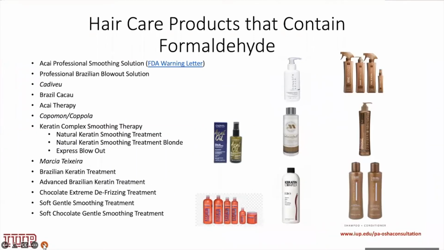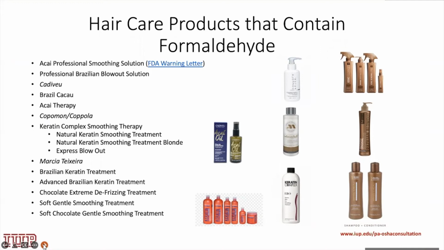For the hair care products that contain formaldehyde, I tried to find pictures of the products. I've actually seen a couple of these in my local Target. I just want to list the hair care products that contain formaldehyde. This information can also be found on the OSHA website.